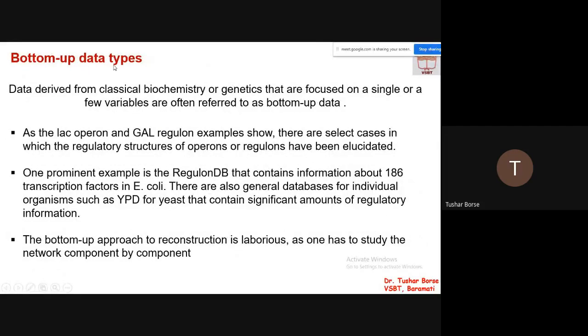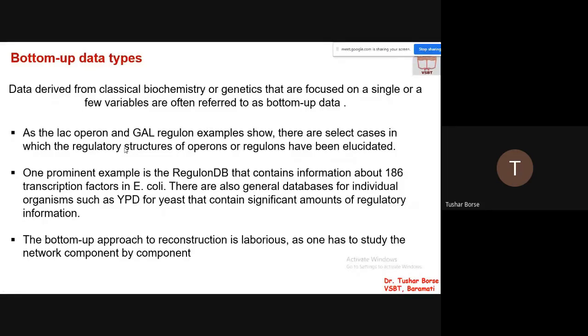The bottom-up data types. From those three that I have explained, you can have these two types of data types. So bottom-up data types, what is this? This is the data derived from classical biochemistry or genetics that are focused on a single or a few variables, often referred to as bottom-up data. Meaning again the example of the lac operon.